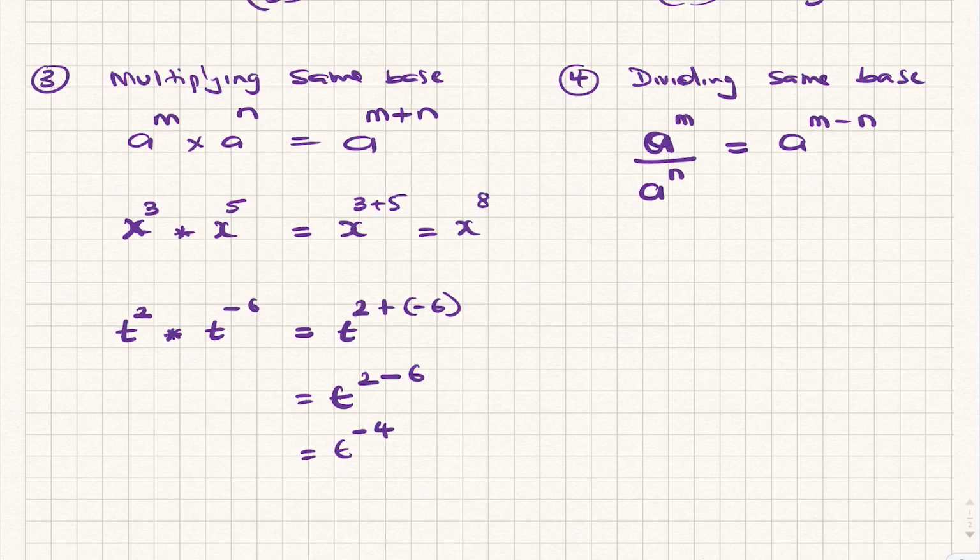To give an example, if you have x to the power of 5 divided by x to the power of 3, that becomes x to the power of 5 minus 3, which is x to the power of 2.